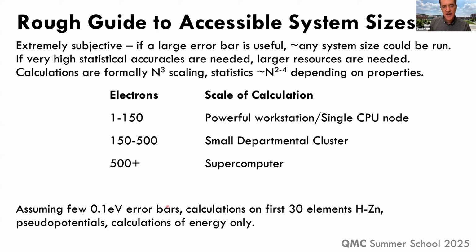And so what I would say is, if you've got up to maybe 100 electrons, maybe 150, if you've got a modern, really strong CPU node, you can definitely run some molecular calculations there or some solid state calculations of quite some size. Certainly many of the older calculations I showed would fit on this.